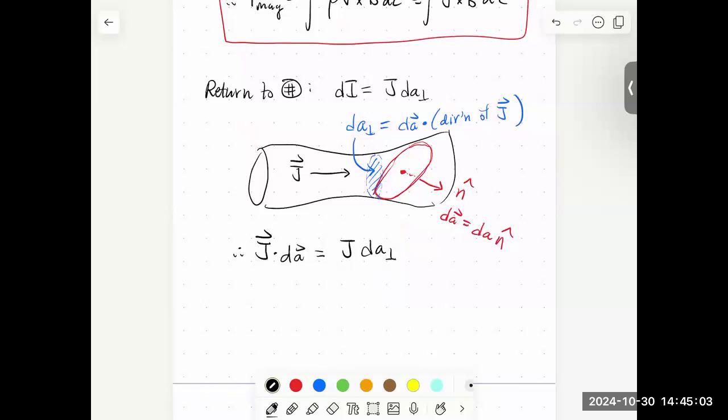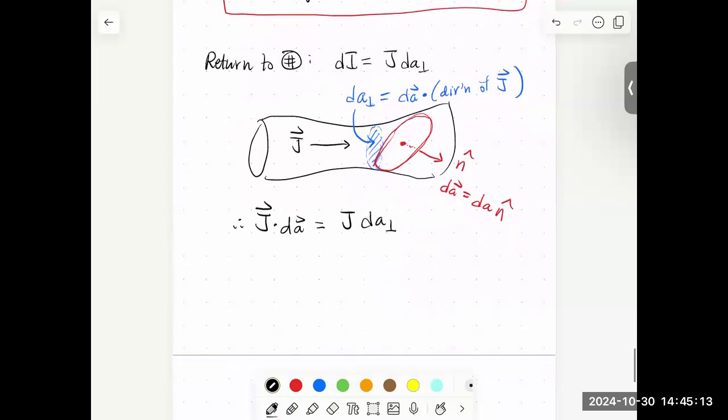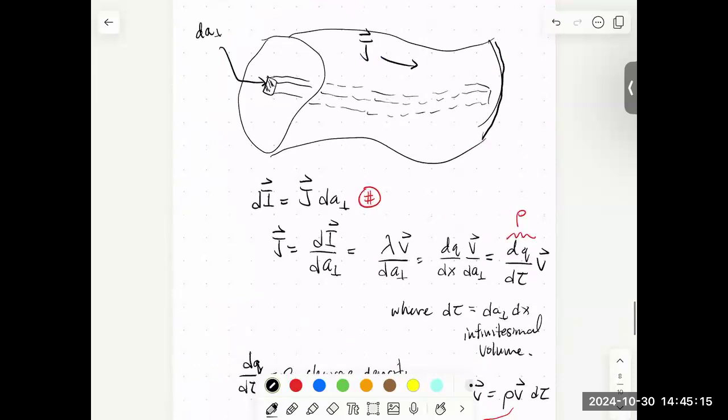And we said that this is a current per unit volume, right? It was dq divided by dτ. Sorry, no, current per unit area. Let's see, where did we write that down? Here it is, current per unit area.